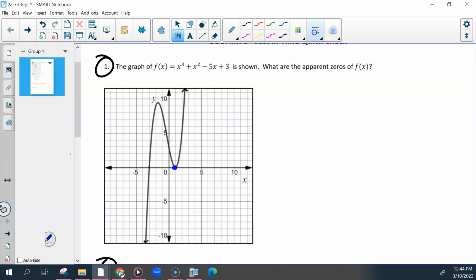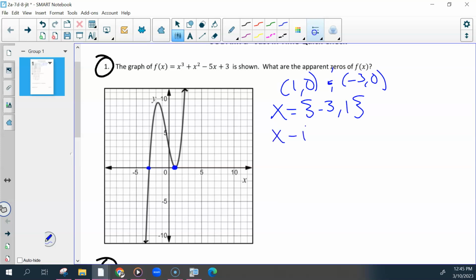You can write them one of three ways: as ordered pairs, so (1, 0) and (-3, 0); as a solution set, least to greatest, so -3, 1; or in factor form. Any of those is fine. Questions on number 1?